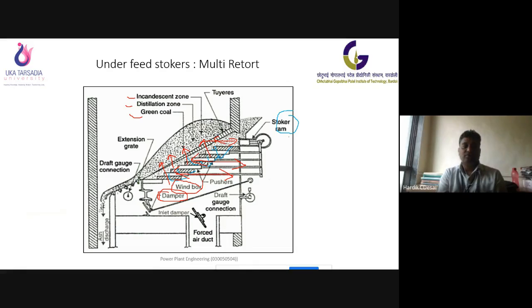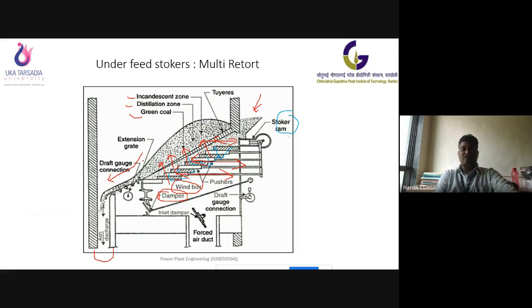Your burning will be governed by this amount of air and the amount of coal. Of course here you will also have the coal hopper, it's not shown in this figure. So your combustion will take place as per the principle of underfeed stokers in this multi-retort, and ultimately the ash will be collected in the ash pit somewhere over here.